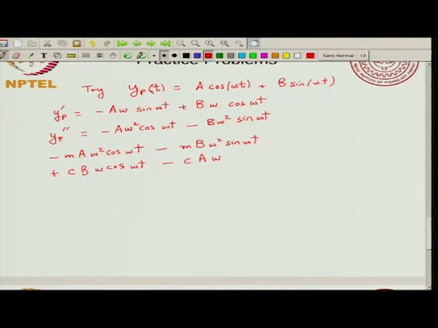So when I take c y prime, the cosine omega t term looks like c b omega, and the sin omega t term looks like minus c a omega sin omega t. Just to remind yourself, this came from y double prime, this came from c y prime, and then you have ky. The third term was ky.